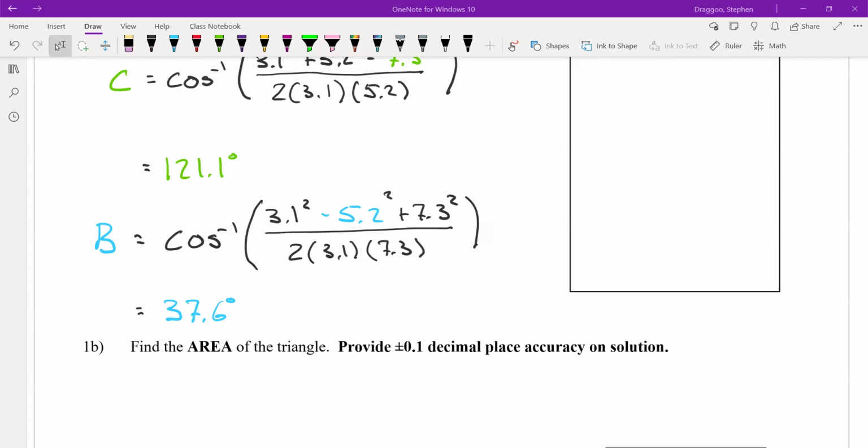I forgot the C in arc sine. Okay, I get effectively the same answer I got with the law of sines. I'm off by 0.02. Yeah, that could make sense. But again, you could use either law of sines or cosines to get that second angle.